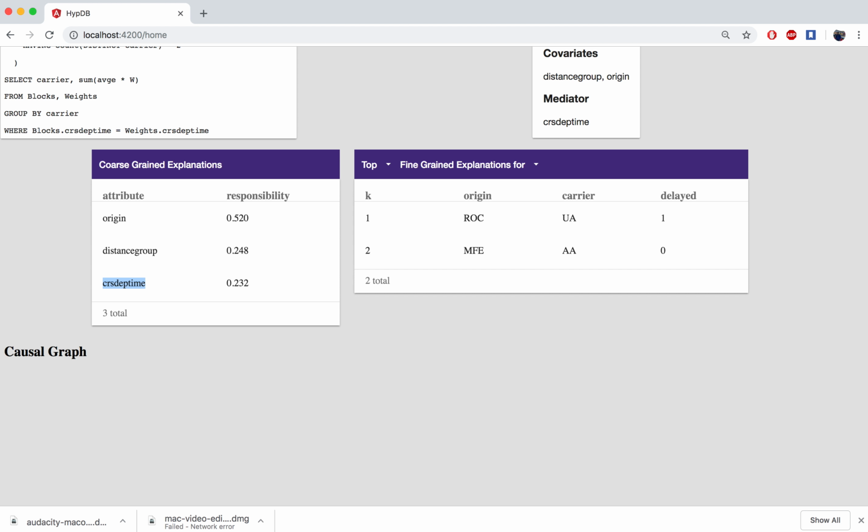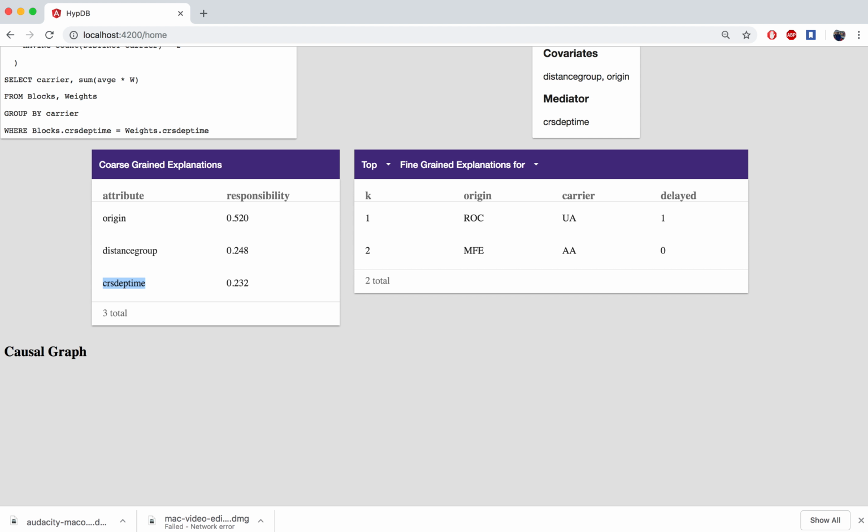The fine-grained explanation generated by HypDB is essentially a ranking system which drills down into a particular confounding factor and explains how the interaction of the ground levels of the attributes involved in a SQL query contribute to the bias.